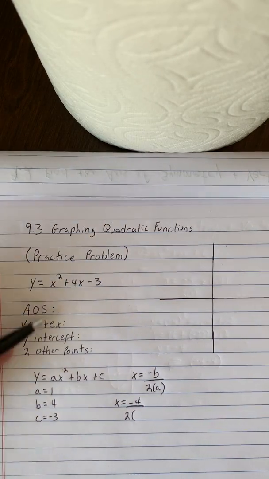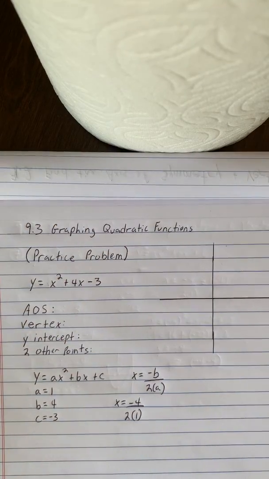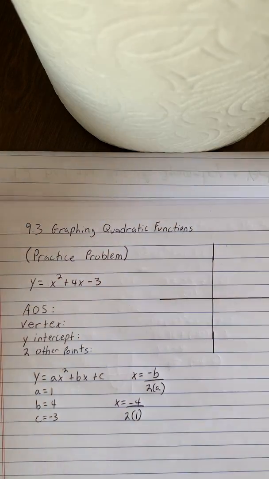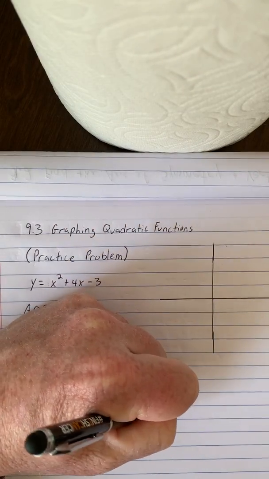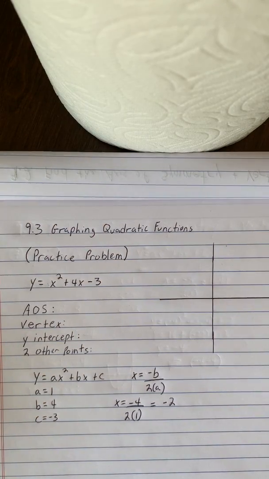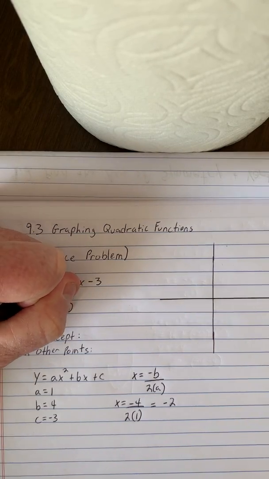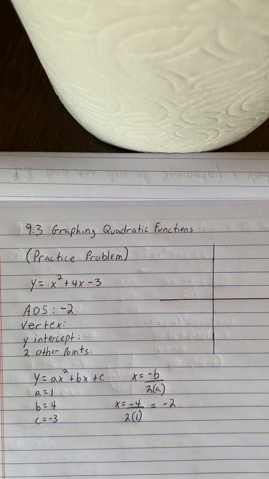What is -4 over 2? -2. X equals -2, and that is my AOS. We know what to do with that -2. We're going to take that, plug it back into the equation, and solve for y.